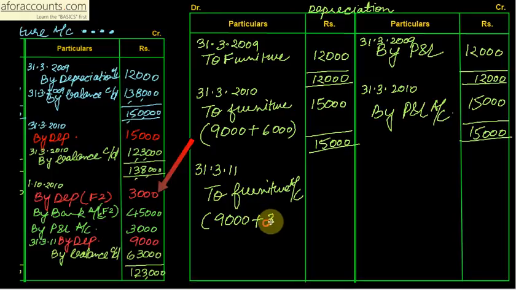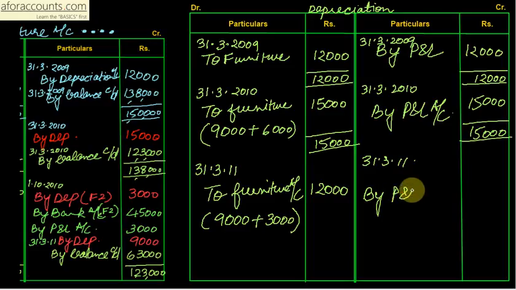So 3,000, only 6 months depreciation, not full 6,000. That comes to 9,000 plus 3,000, again 12,000. And transfer it on 31/3/2011 to your P&L by profit and loss account, 12,000 and just take the total.